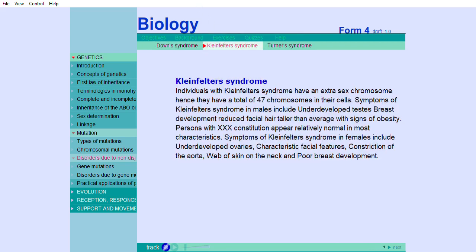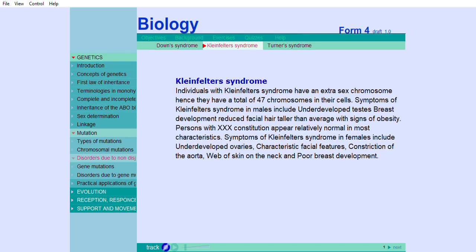Klinefelter's syndrome. Individuals with Klinefelter's syndrome have an extra sex chromosome, hence they have a total of 47 chromosomes in their cells. Symptoms of Klinefelter's syndrome in males include underdeveloped testes, breast development, reduced facial hair, and being taller than average with signs of obesity.